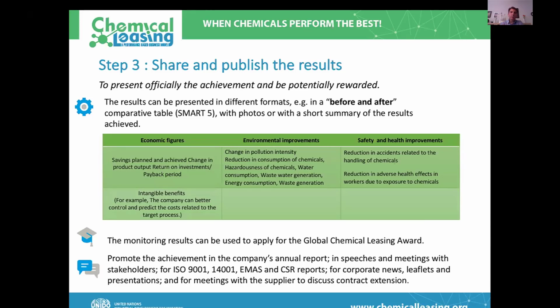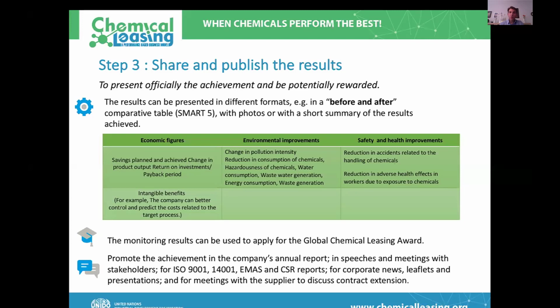And now, before giving the floor to Luis about the Chemical Leasing Award, if you are using the Smart 5 tool, we are just recommending: you can use your information system, you can use your data collection system, but it is best if you start in the right way and use this Smart 5 Excel file.